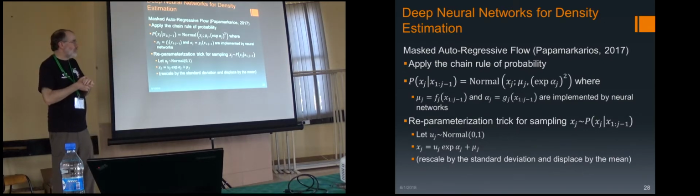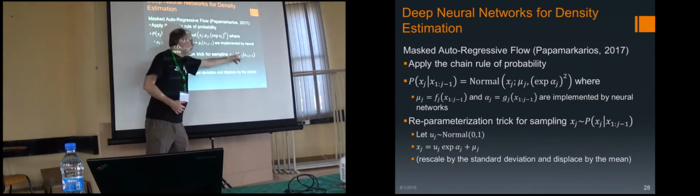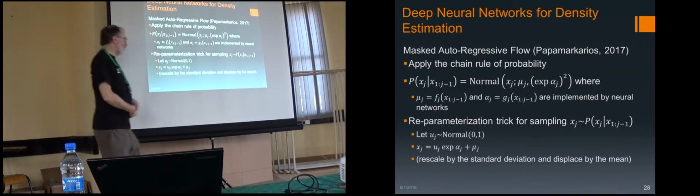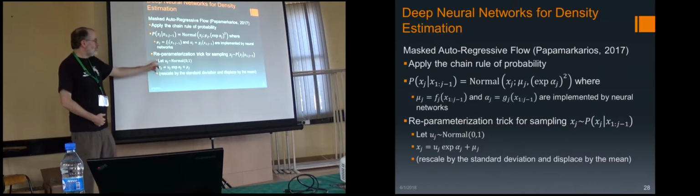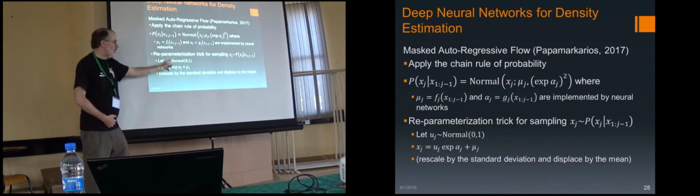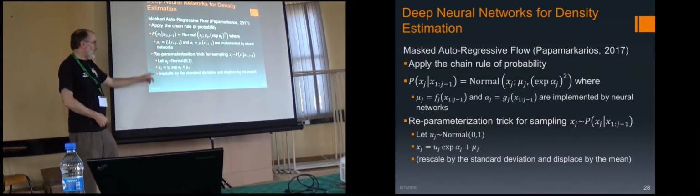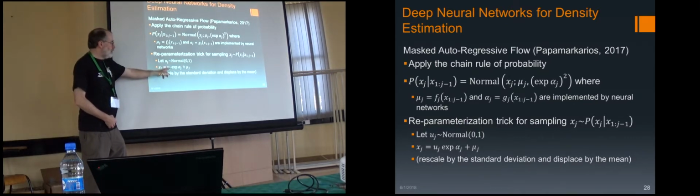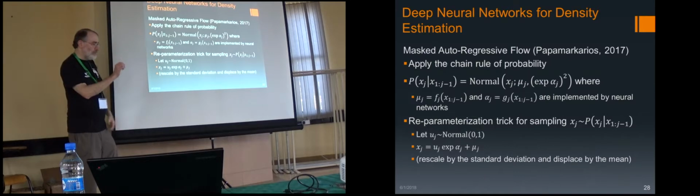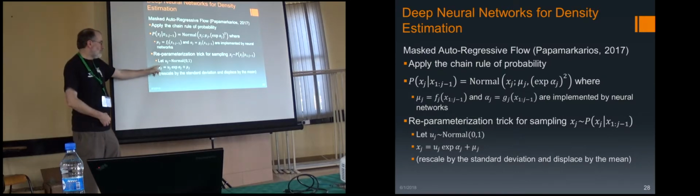There's a little trick that we're going to use called the reparameterization trick. Suppose we wanted to sample xj from this conditional distribution, and it has this mean that's very complicated and this variance that's very complicated. An alternative is that we can sample a variable uj from a standard normal distribution, and then we can take uj, multiply it by the standard deviation, which is e to the alpha, then offset it by the mean, and that will give us the value xj.